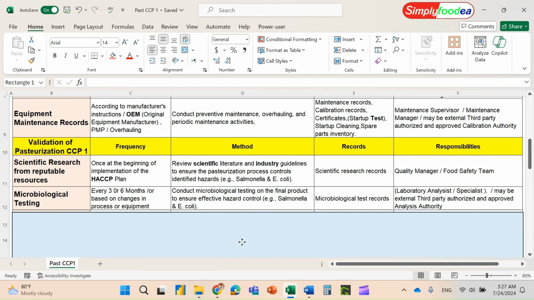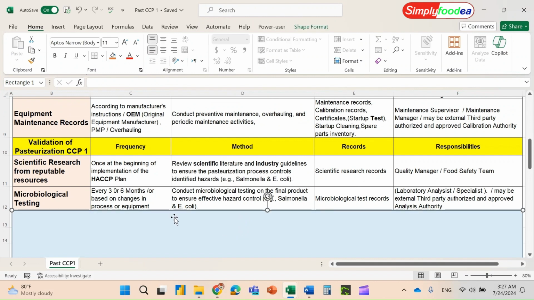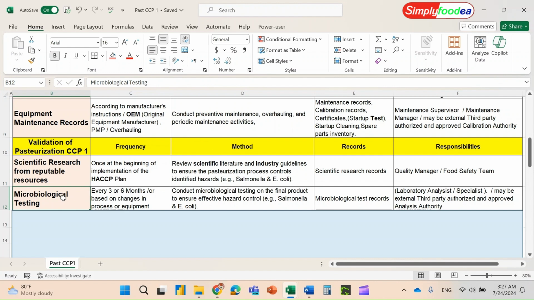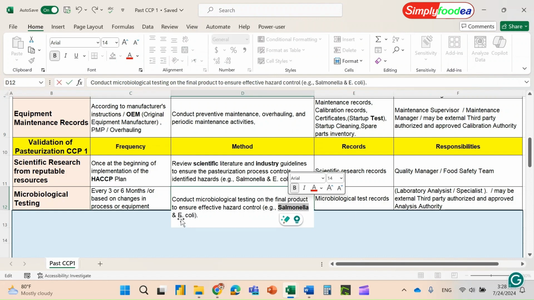The second validation is the microbiological testing. I am ensuring that the testing I'm using in my laboratories is the dedicated testing used for detection of Salmonella and E. coli in my final product.